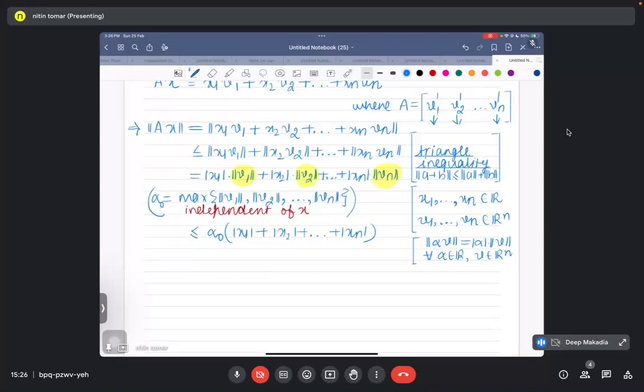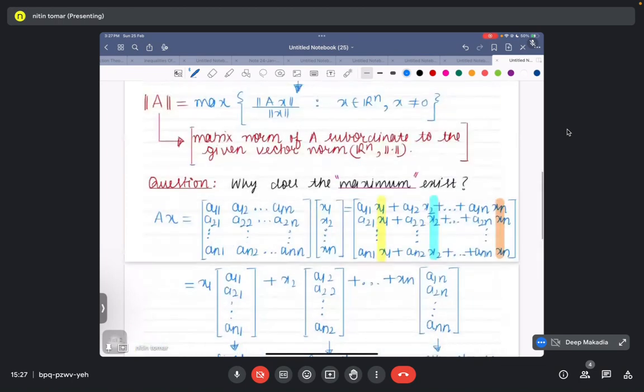Up until now, is there any doubt? They are columns of A, right? So once you know A, we want to compute the norm of A, the matrix norm of A subordinate to the given vector norm.